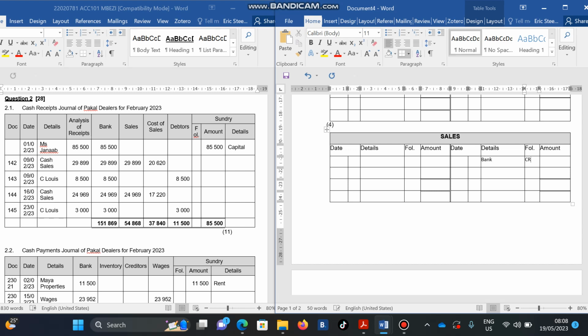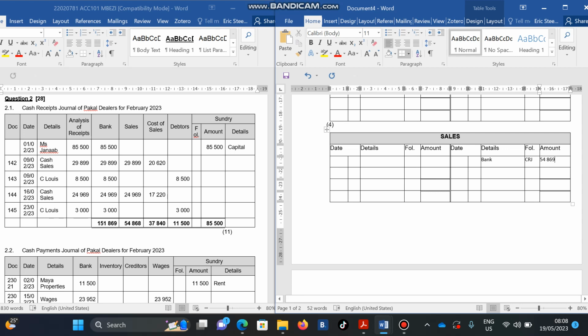Folio CRJ, because we got it from the CRJ. How much are we receiving? 54,869. And that's how we would record the sales from this journal.